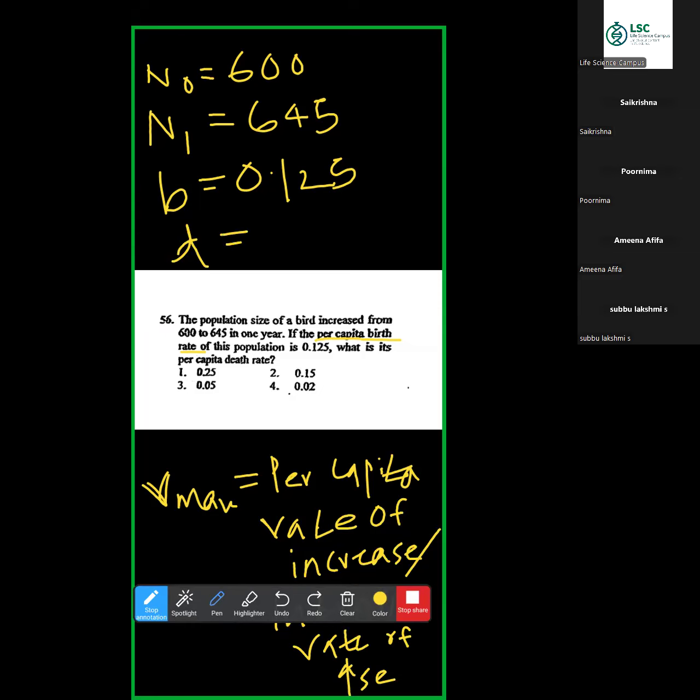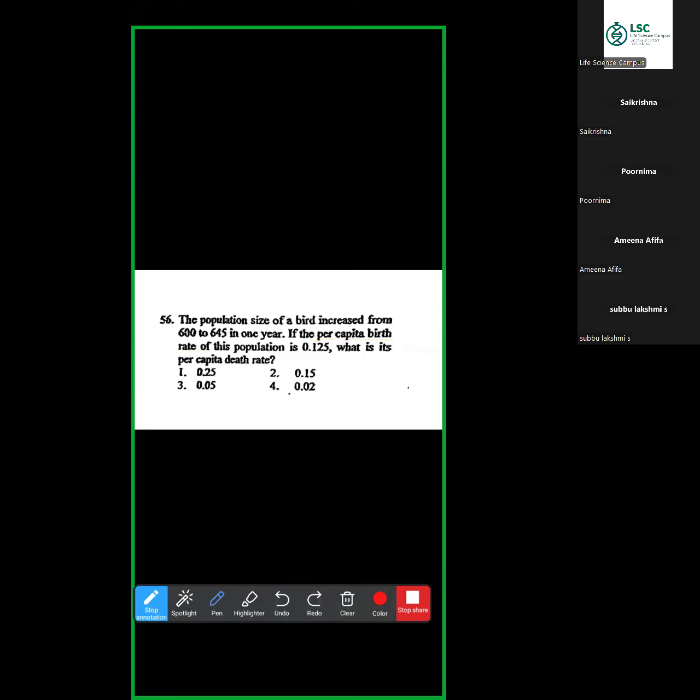This is the same pattern as the previous question. So firstly we have to find out the R value. We know that here delta N by delta t is 45.